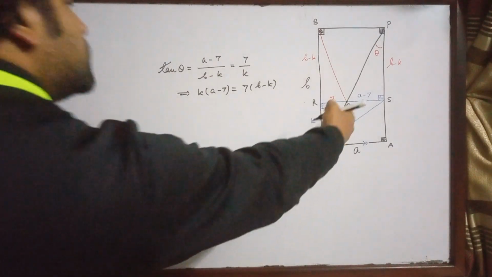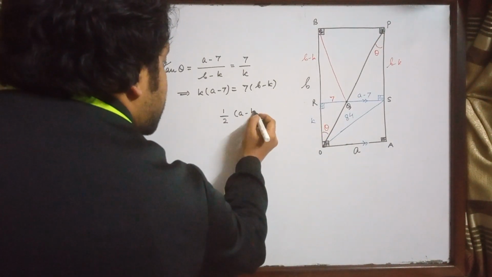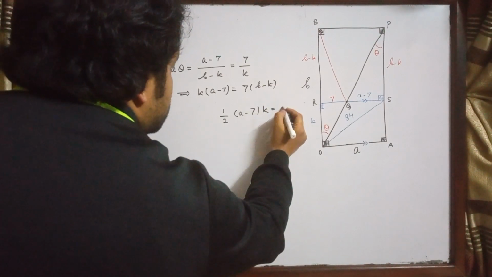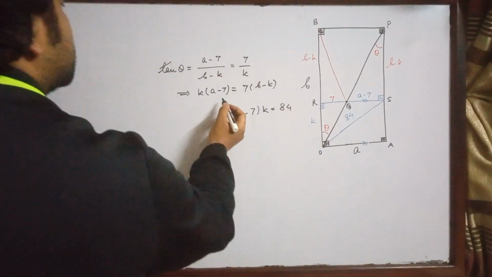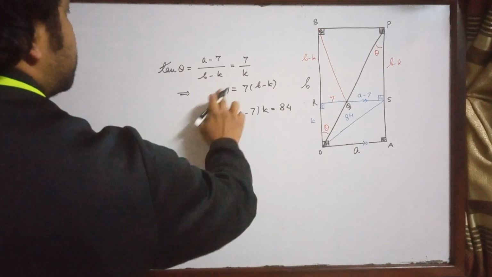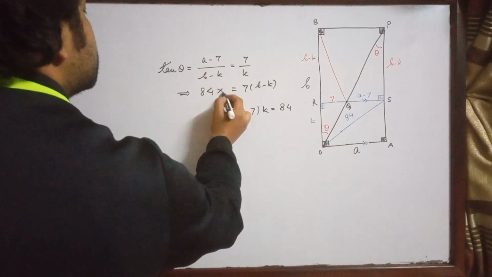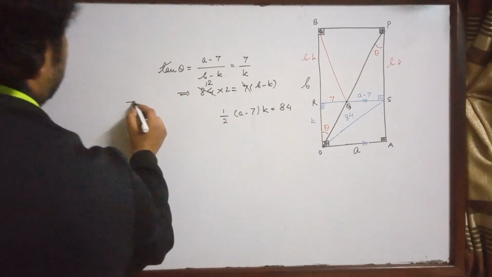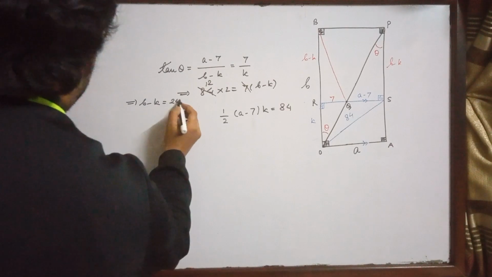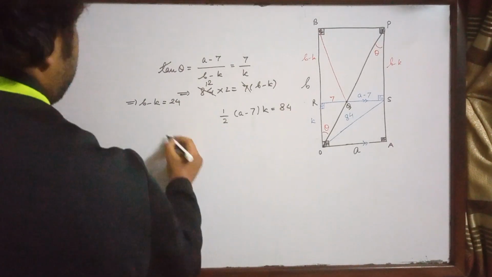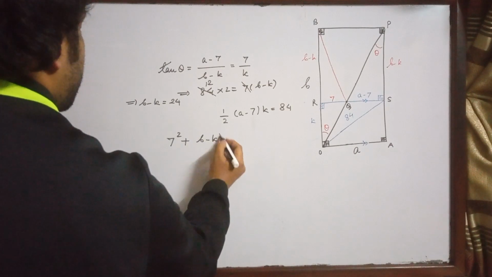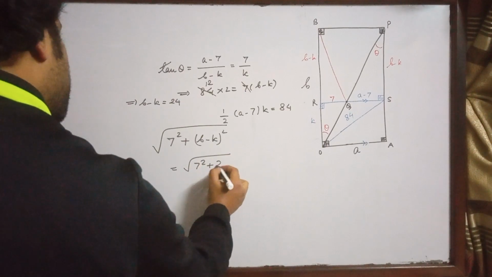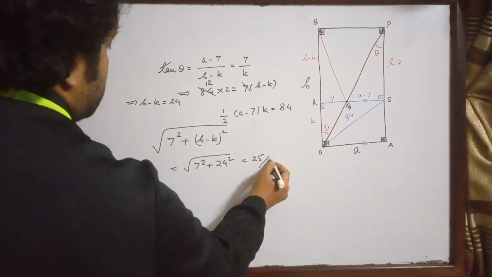And as before, half times (A minus 7) times K is equal to 84, so this part will be equal to 84 times 2. We can cancel out a factor of 7, which will give us B minus K equal to 24.